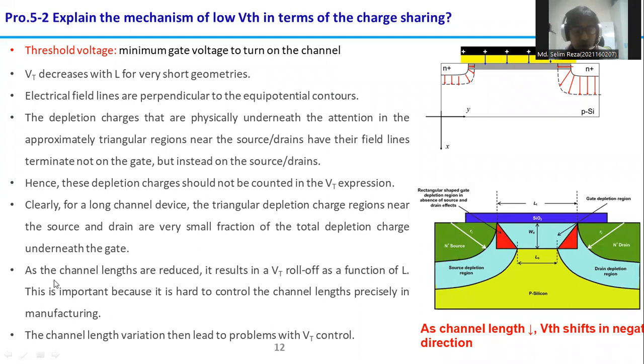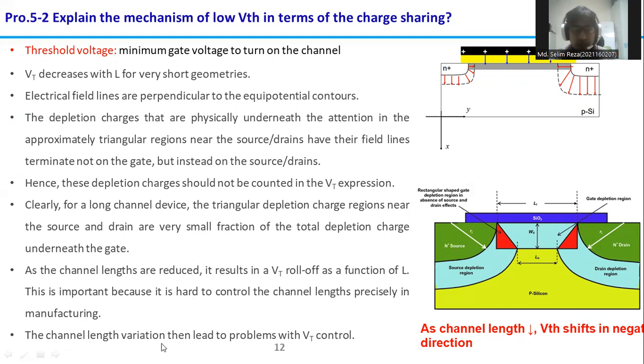But if the channel length is reduced and reduced, we can see the roll-off phenomenon as a function of length. It is important because it is hard to control the channel length specified by manufacturing. So we cannot control this length, the roll-off phenomenon here.